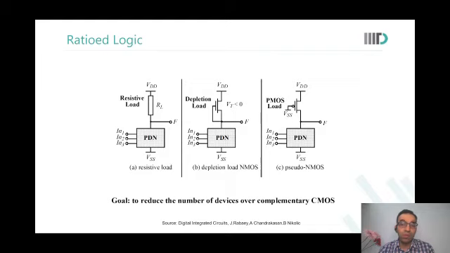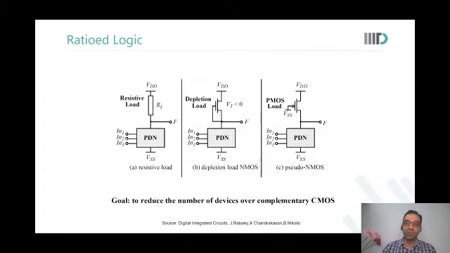So now we want to look for, is there a way to reduce the total number of devices? Why do we want to reduce the total number of devices? What's the importance of reducing the number of devices? Area reduction. Yes, and in VLSI, area is gold, sir.